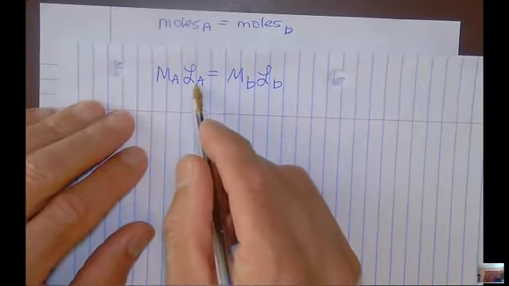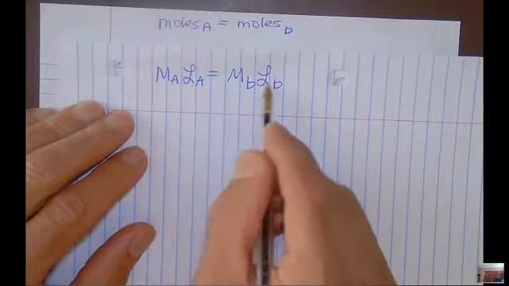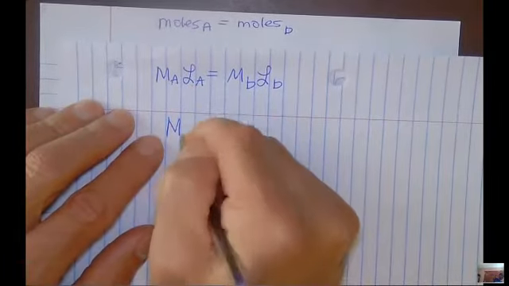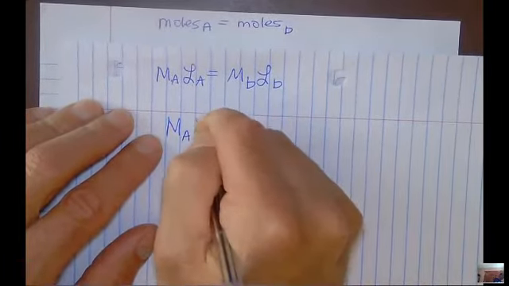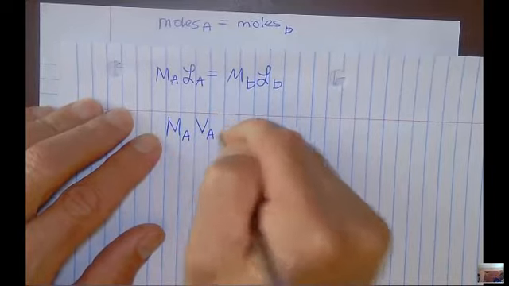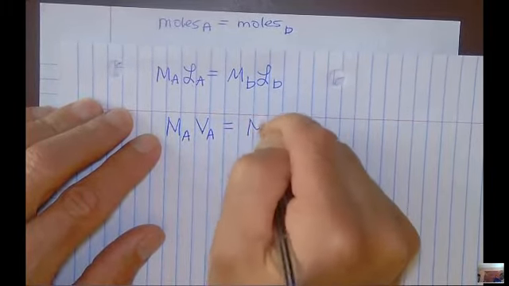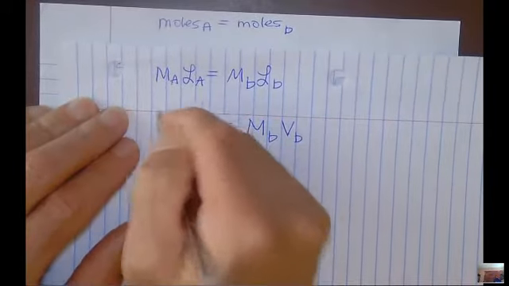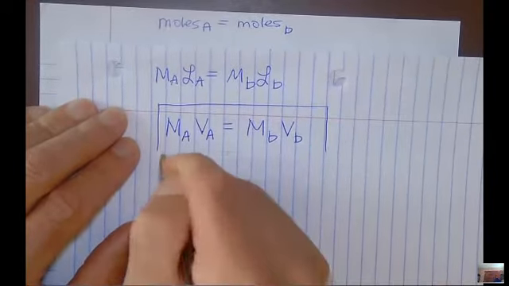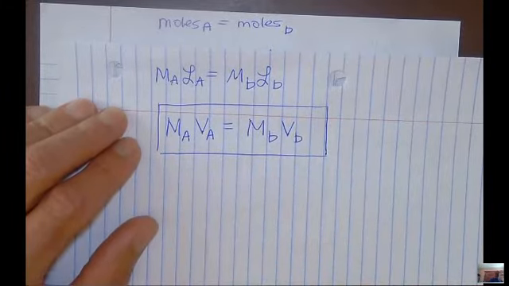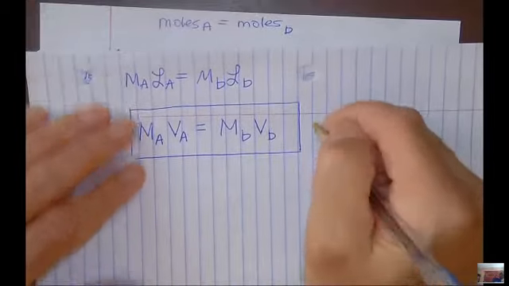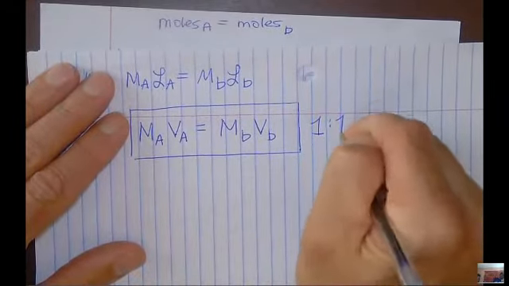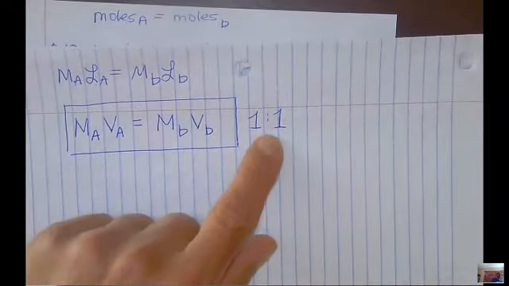So as long as you use the same volume unit here and here, you can say that for a titration, the molarity times the volume of the acid is equal to the molarity times the volume of the base. Okay, and there's only one more stipulation about this. This has got to be a 1-to-1 relationship between the acid and the base, right?